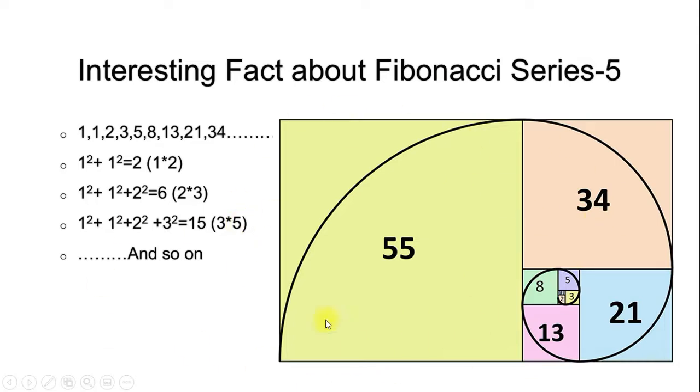If we see this diagram, the middle squares, one square and one square. If we sum these two squares of one unit length each, then on one side we get two length, and on another side we get one length.